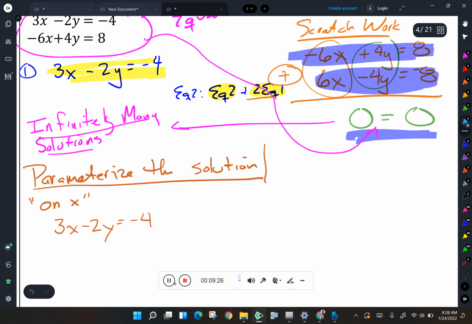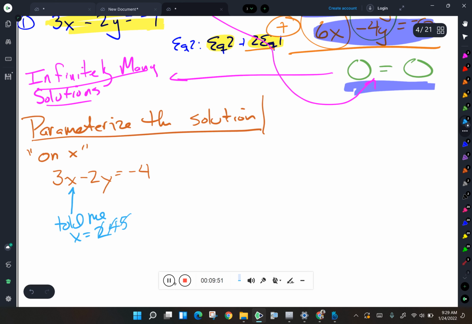So meaning if you told me what x was, like let's say you told me that x was 2, could I plug in a 2 there and find a value for y? Or if you told me that x was 4, could I plug in a value and find y? Or if you told me that x was 5, could I plug in a value and find y? And so parameterizing on a variable means that we are going to write the system solution in terms of that variable.